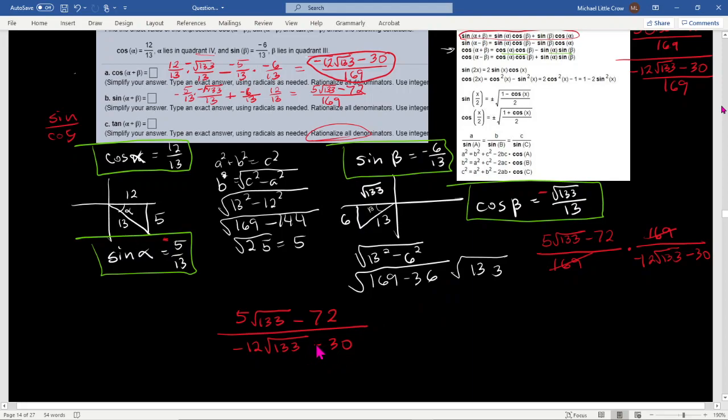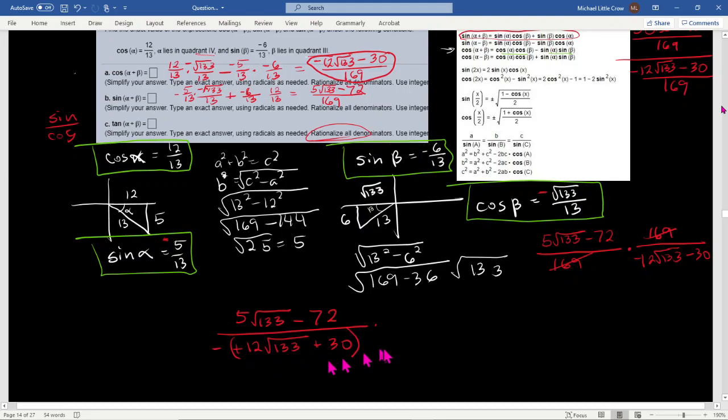So to rationalize this, we multiply by the conjugate. It's really a mess. You could factor out a negative, and think of these as both positive. So we'll put the negative out here, and make that a plus and that a plus.